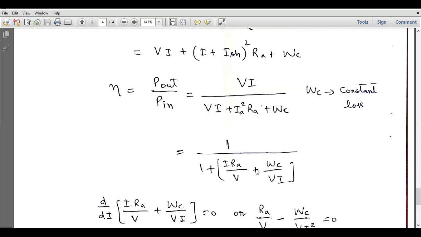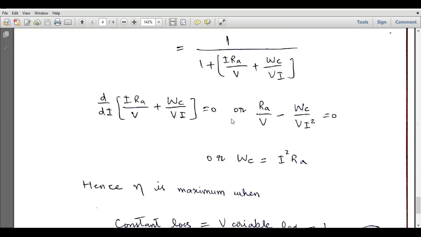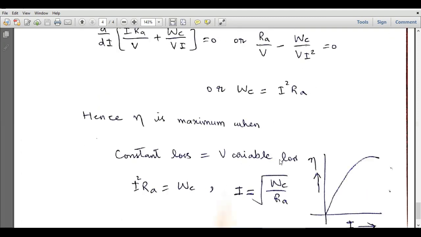So that's why we have obtained this expression, and after equating this derivative to 0, we will get this expression, and according to this expression, we can get WC equal to I square RA. So WC equal to I square RA is the condition for maximum efficiency. So this condition is saying that the efficiency will be maximum when constant losses are equal to the variable losses. So these are constant losses. These are the variable losses, which are armature copper loss.